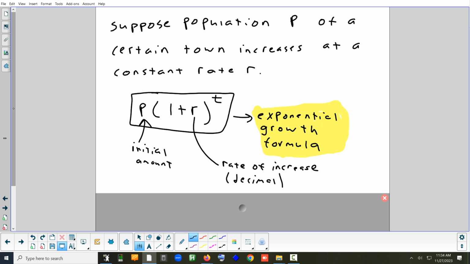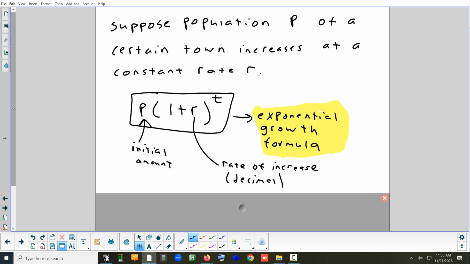So if I said the population of a town is going up 5% every year, that's exponential. If I said the population of a town is going up by 50 people every year, that's linear. Just adding 50. But if you increase or decrease by a percentage, that will be exponential.